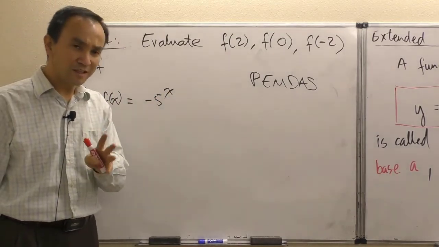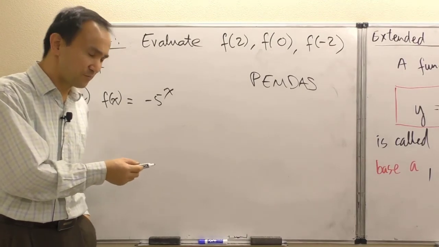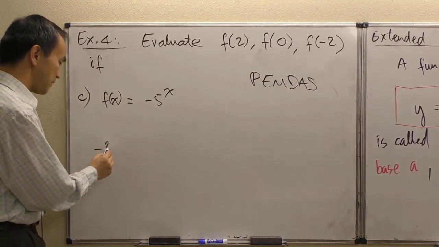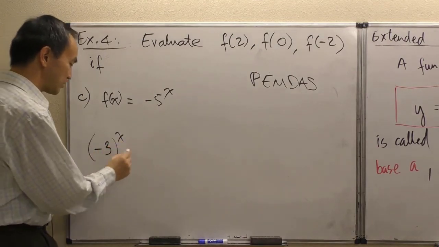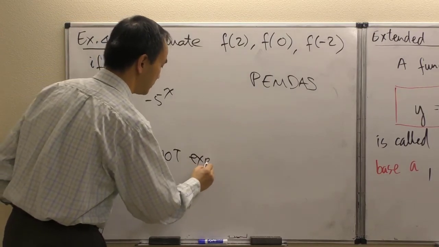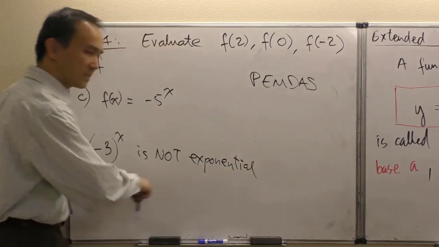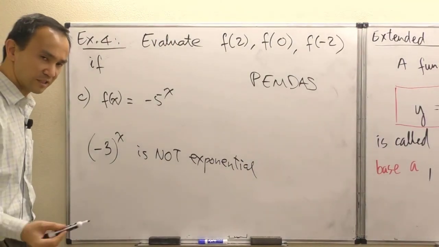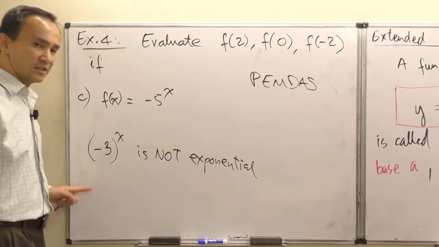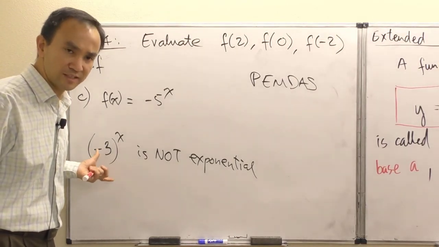It looks a little dangerous because throughout our demonstrations earlier, I mentioned that something like minus 3 in parentheses to the x is not exponential. We had this in our demonstration problem earlier to point out which one is exponential and which one is not. As a matter of fact, I remember this was among our earlier examples, example 1.